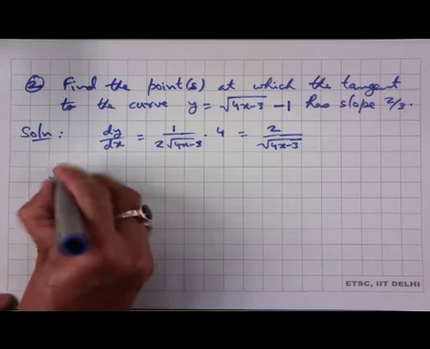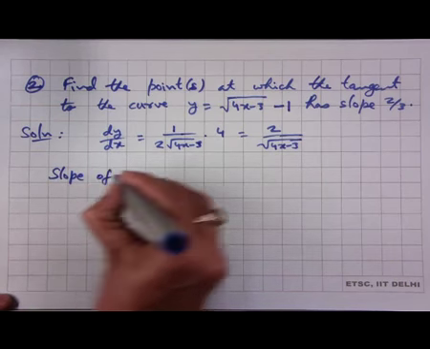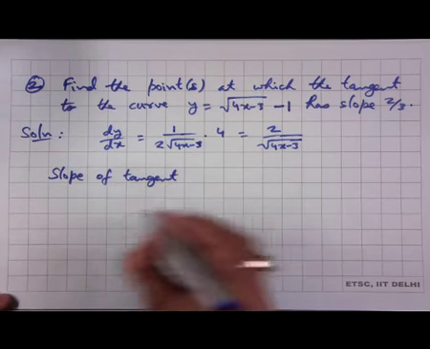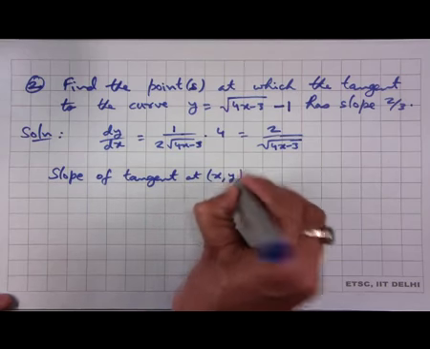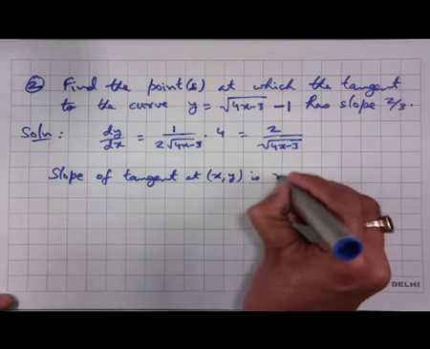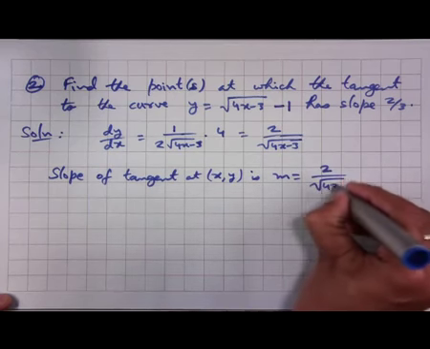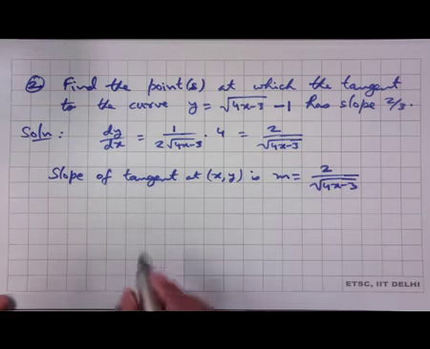So, slope of tangent at x comma y is m is equal to 2 divided by square root of 4x minus 3. We have to find the points where the slope is 2/3.